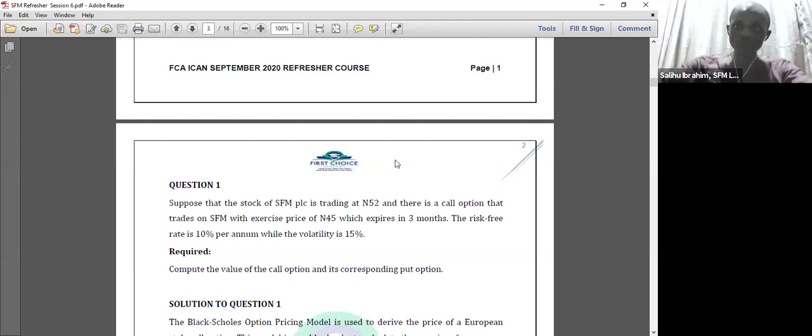Now, let's take for instance, you want to buy, let me say, a cell phone. You intend to buy a cell phone, perhaps for someone. But presently, you don't have the money to buy that particular cell phone, but you are sure that you are going to get the money to buy it, say, in December.